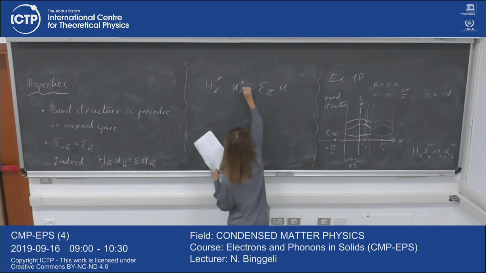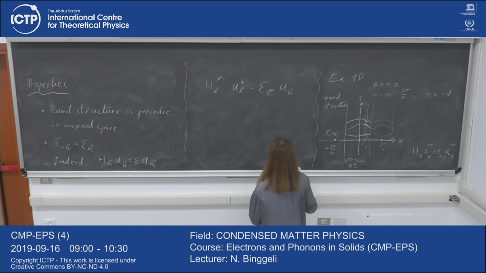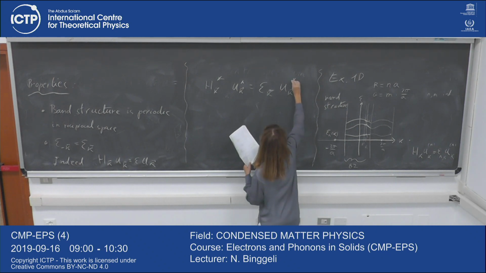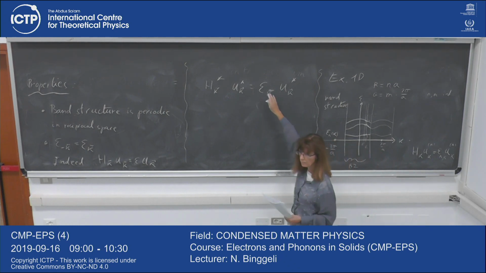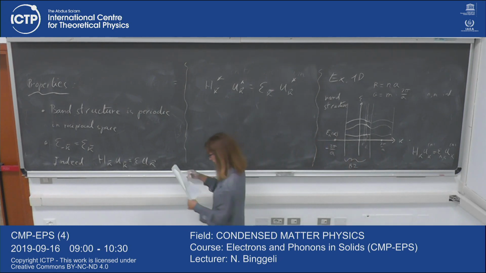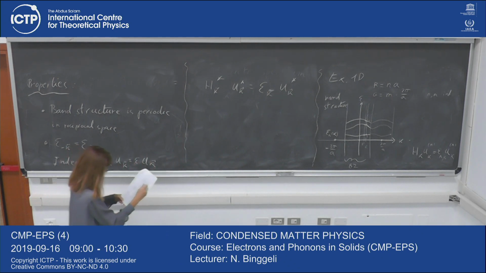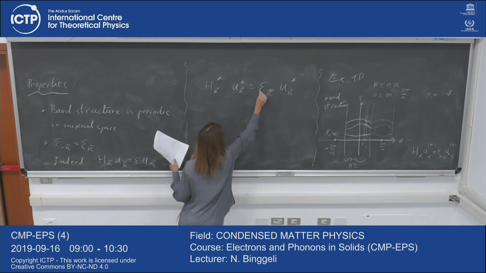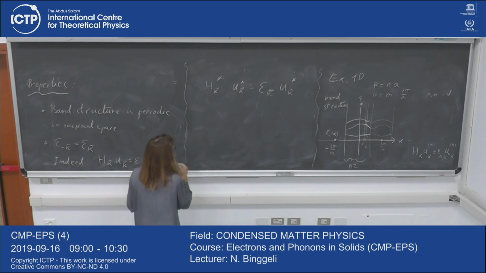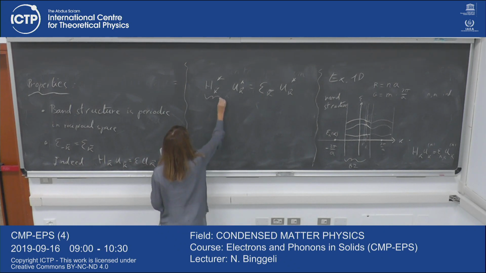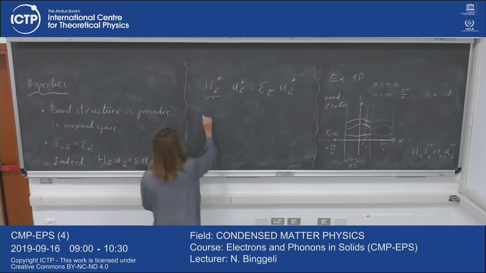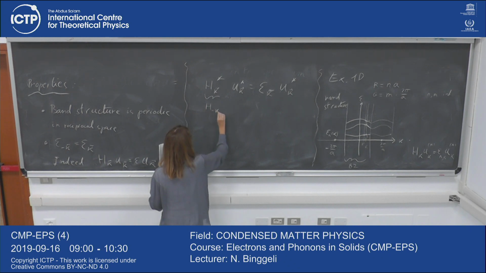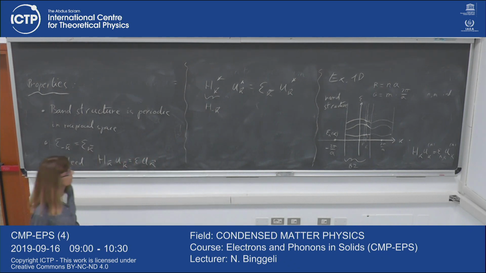Before, without vector, it's valid in 3 dimensions also. Now, my operator was Hermitian, so the eigenvalue is real. Here I obtain a real; the complex conjugate is the same, gives me epsilon. So we have seen that if you look at h of K and you take the complex conjugate, you are going to obtain h of minus K, if you look at the form of this operator.